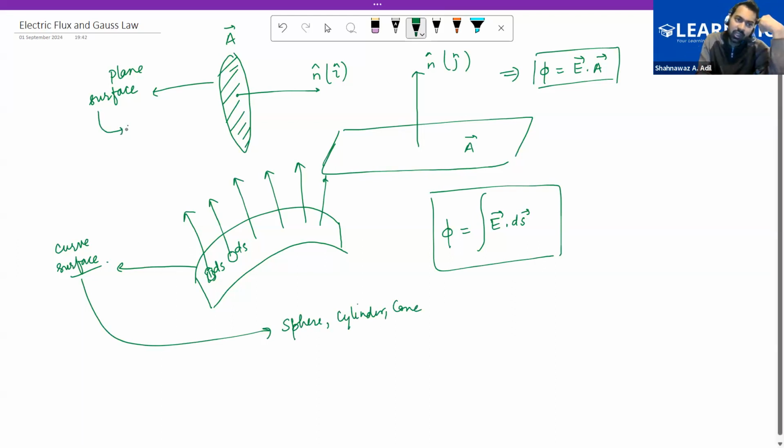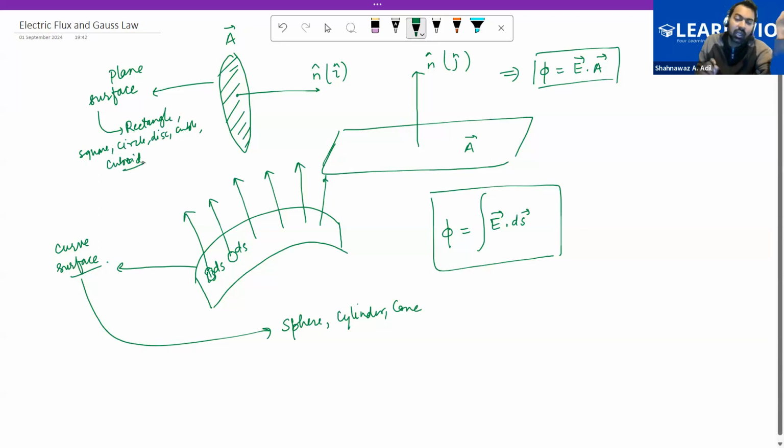Rectangle, square, circle, disc, and then you have cube or cuboid, all those things.